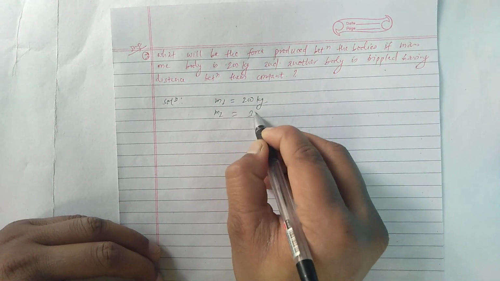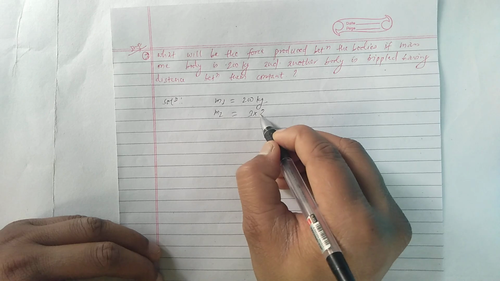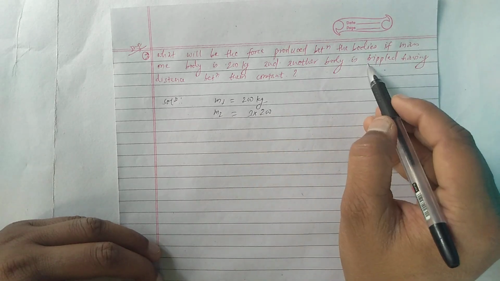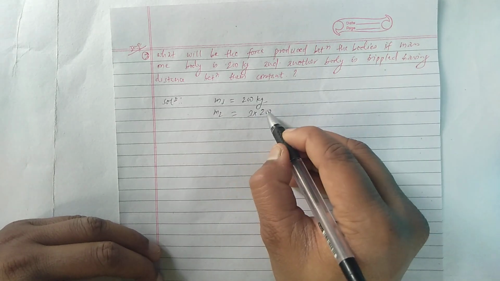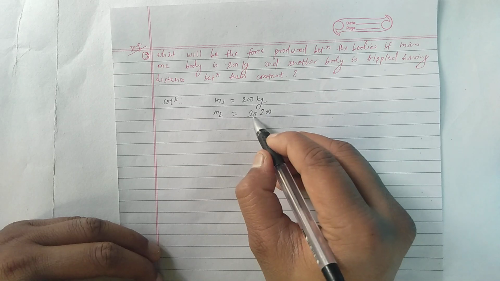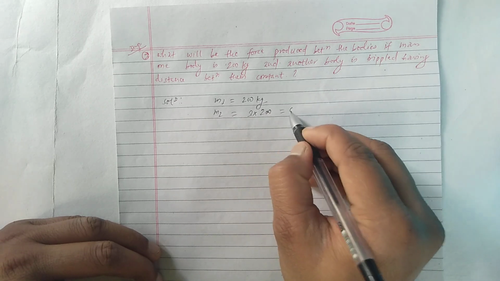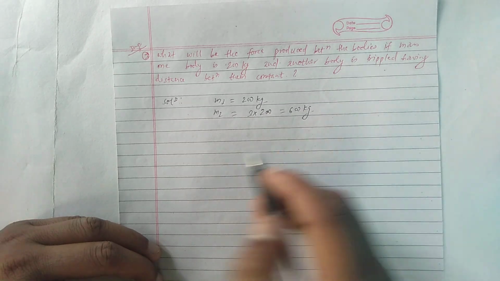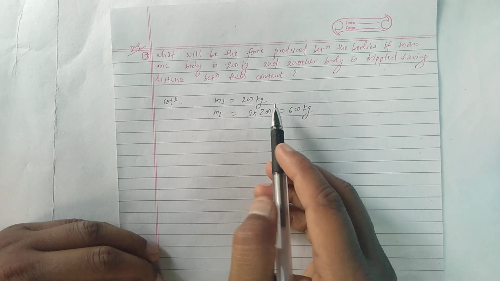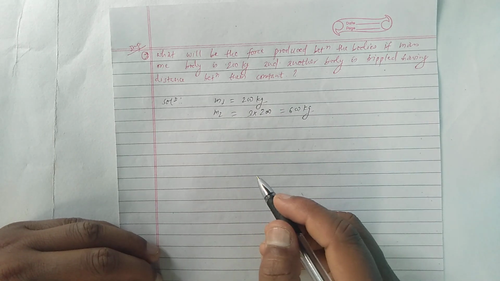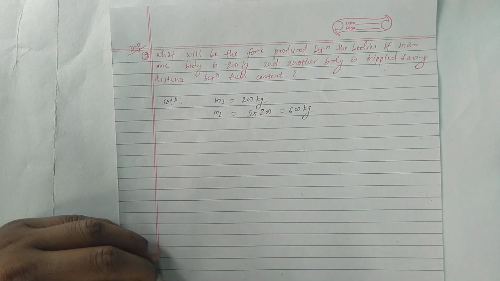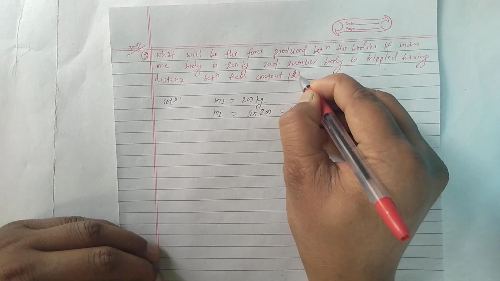Triple means 3 times m1, so 3 into 200, that means 600 kg. Having distance between them constant, the distance is given in the question as 2 meter.